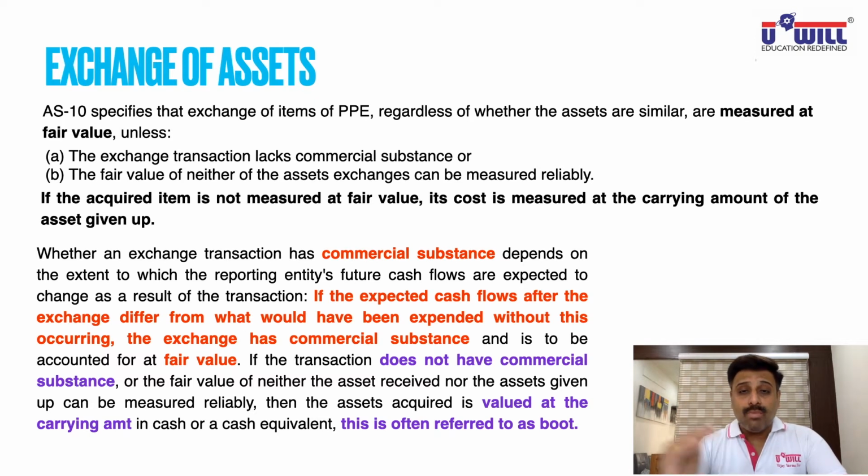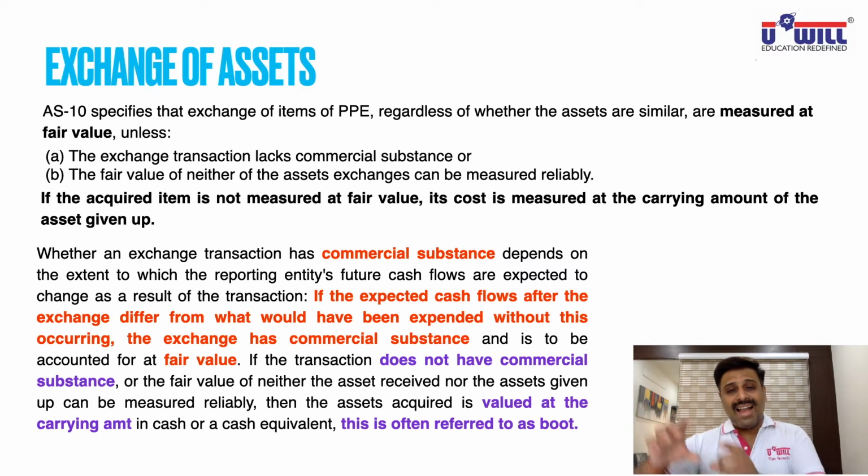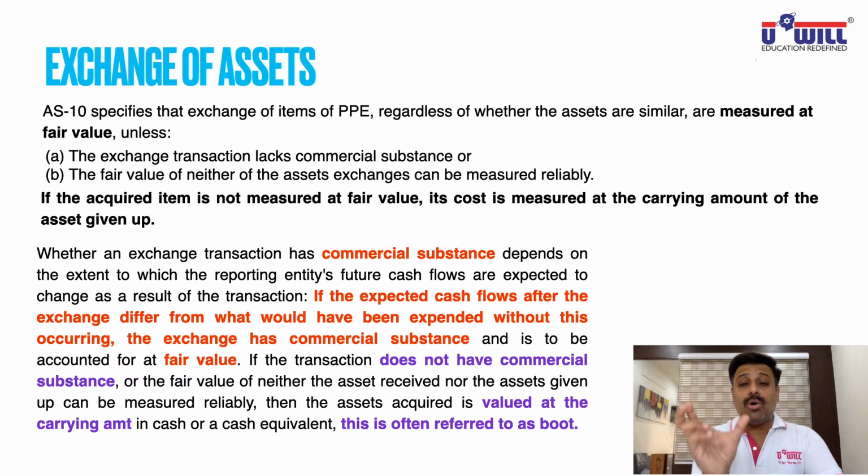Suppose in your books, your house of Baroda is shown at, let us say, 30 lakhs. When you shift to Rajkot, now in your books, you don't have the Baroda house, you have the Rajkot house. The value will remain the same. We'll just change the name of the asset. From Baroda house, it will become Rajkot house. The value will remain the same, that is 30 lakhs, the book value of the asset given.